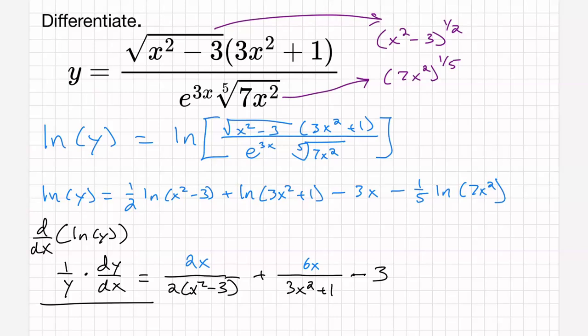But then we get to this last one where I'm gonna have the 1 over 5 times 7x squared times the derivative of that, 7x squared. Are we good though if I put that as 14x?